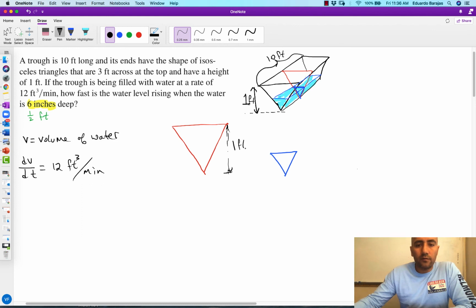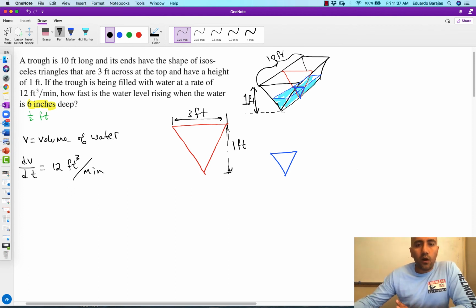That's 1 foot. And at the very top, the very top is 3 feet across. So from there all the way out to there, 3 feet. So the shape of the container stays the same: 1 foot height, 3 feet wide, 10 feet long.